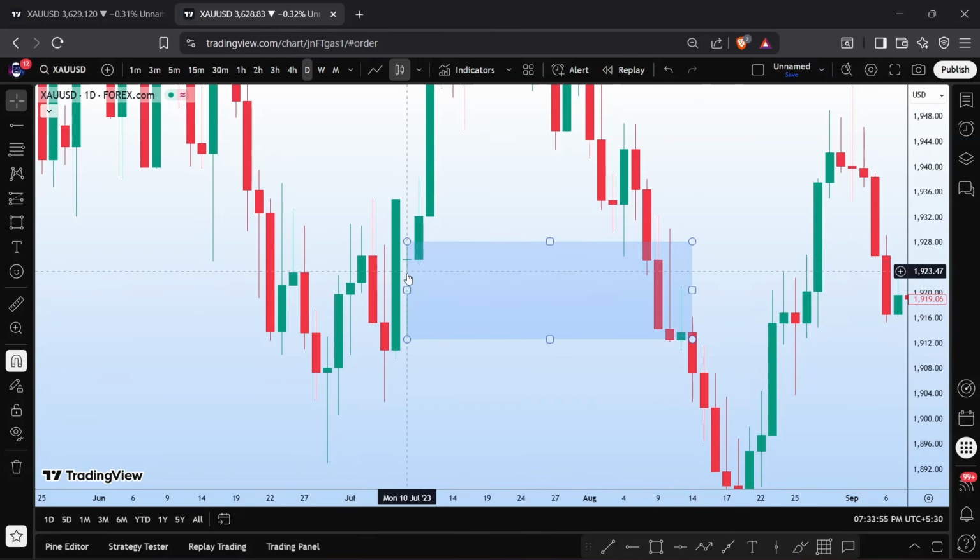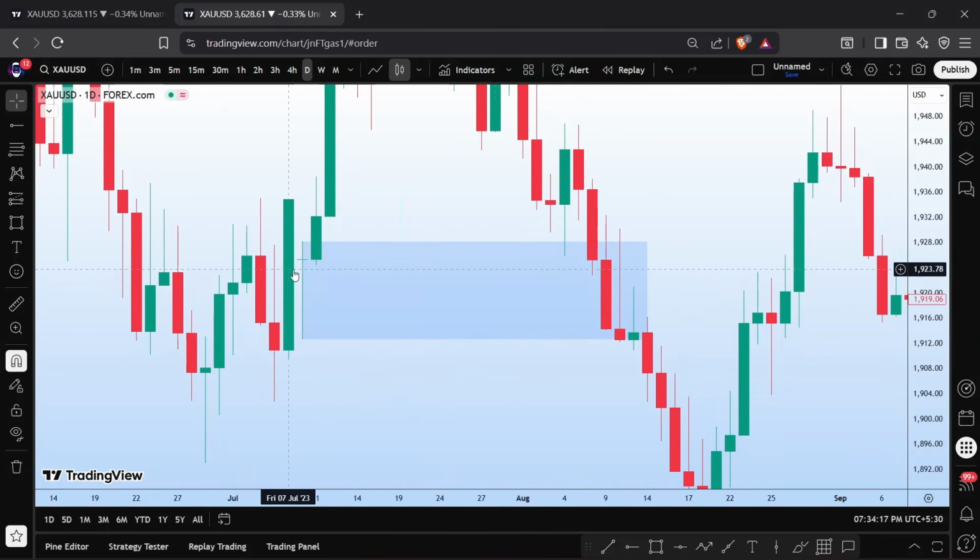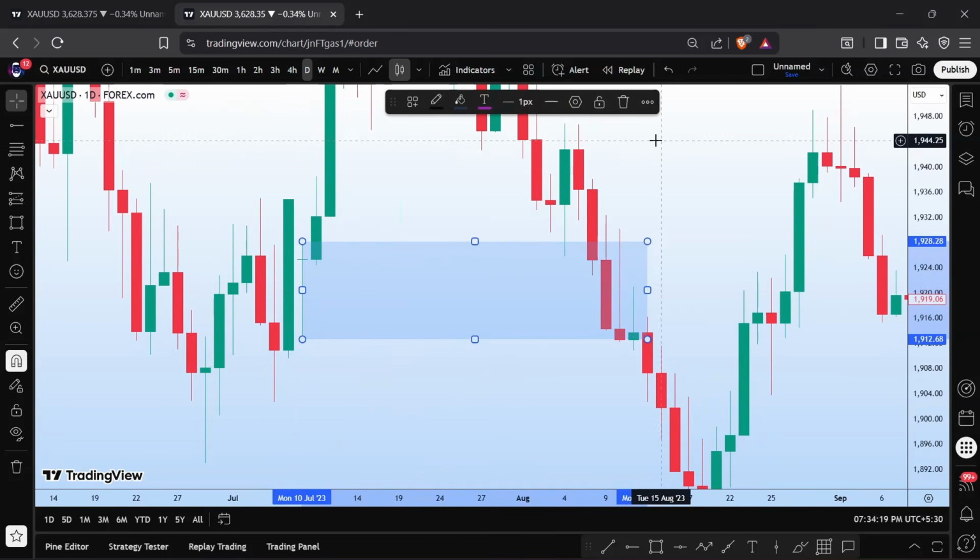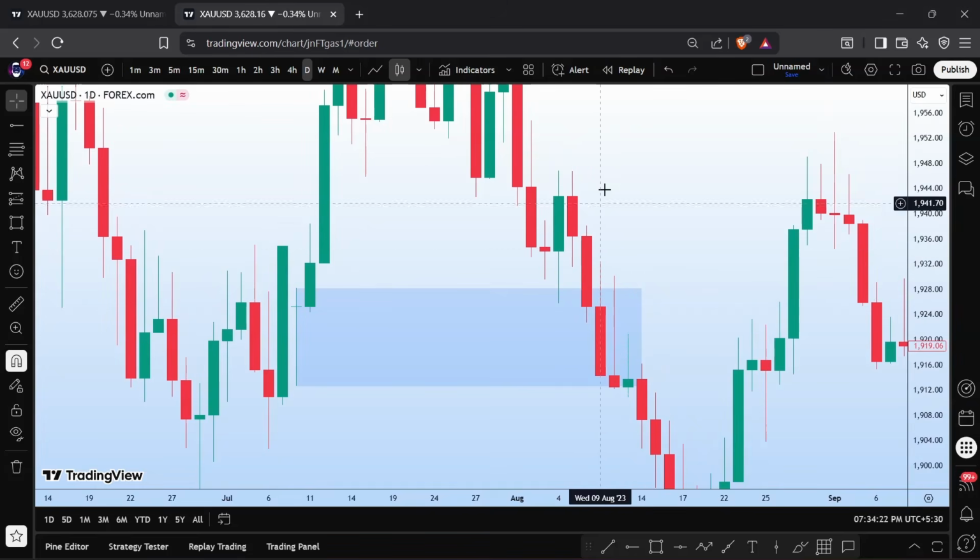Because this is an inner bar pattern. So this is the mother candlestick, and this candlestick's high and low was inside the previous candlestick's low and high. So this is considered to be an inner bar base. Okay, you can mark this as a base for expecting a bullish movement, but you can't consider this an EG buy or sell.